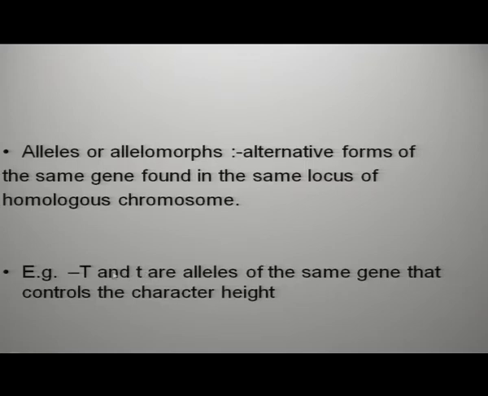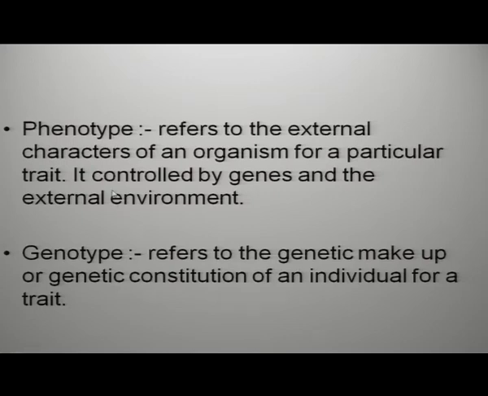Capital T allele controls the contrasting character tallness, and small t controls the contrasting character dwarfness. So, capital T and small t are the two alleles controlling the same character, length of the stem or height of the plant, which are seen in the same locus of the homologous chromosome.